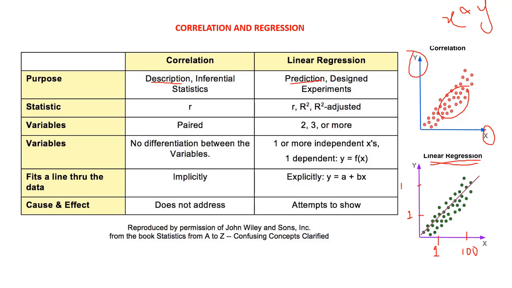So if I want to predict the data, I take the linear regression. And if I just want to describe the relation between two variables, then I just do a correlation study.